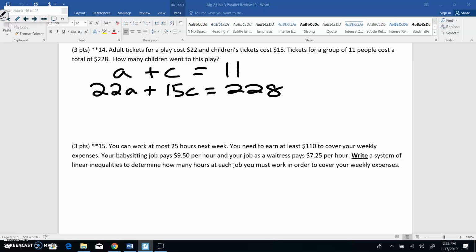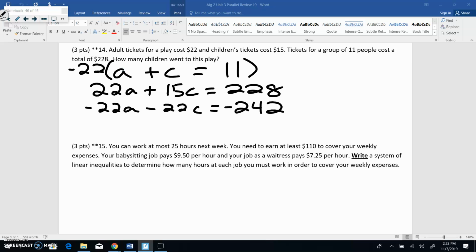Again, if you choose to eliminate here, you're going to multiply this top line, and be careful, pay attention to what they're asking for. They want children here, so we need to eliminate our adults. So I'm going to multiply by negative 22, which leaves me with negative 22a minus 22c equals negative 242.